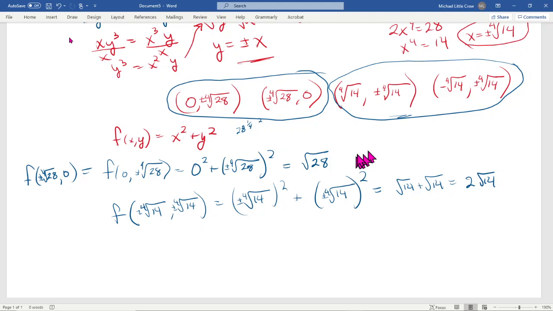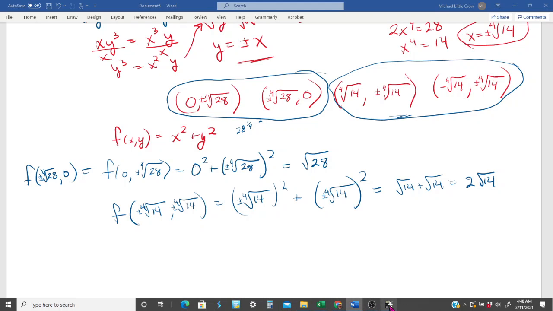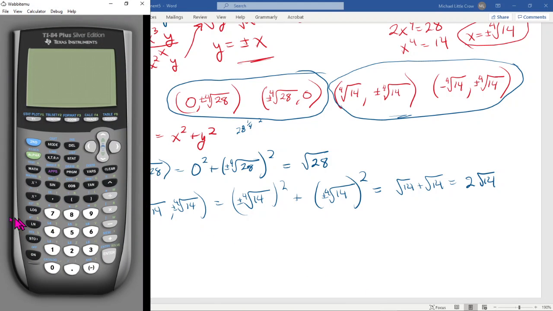And so now which one's the minimum, which one's the maximum? Good question. So let's take the square root of 28. Now that's 5.29. Let's compare that to 2 times the square root of 14.